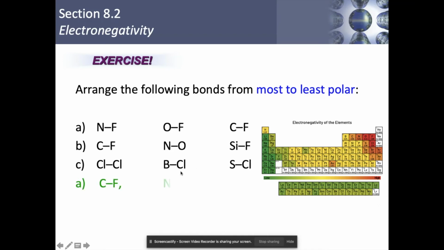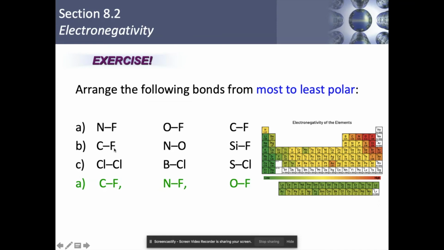So if I'm looking at electronegativities, carbon has the smallest electronegativity, then nitrogen, then oxygen. So if I'm putting them from most to least polar, then the one with the biggest difference, the carbon-fluorine bond, is going to be more polar than the oxygen-fluorine bond because they're a lot closer in electronegativity.